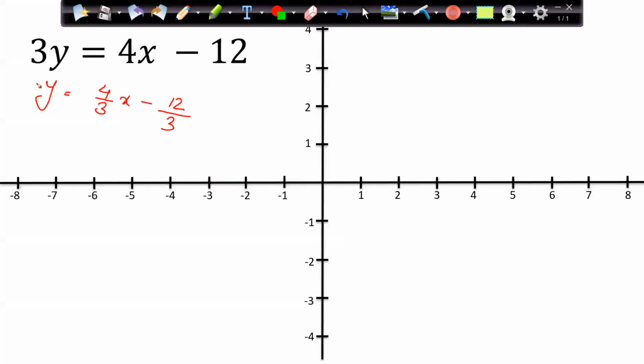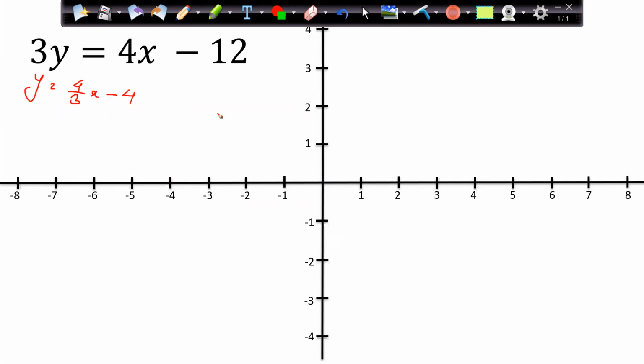I'm dividing both sides by 3. So y is equal to 4 by 3 x minus 4. That is my final equation.